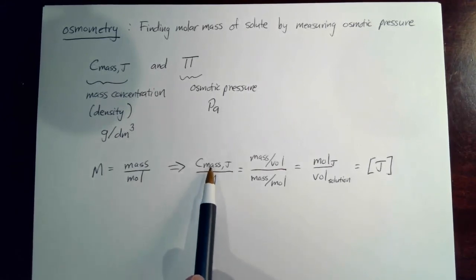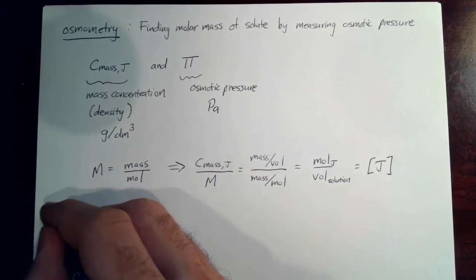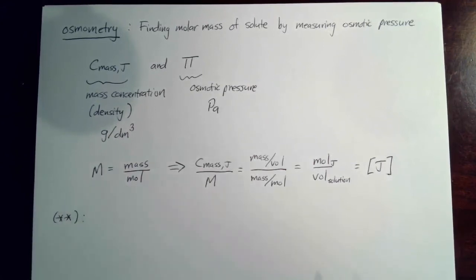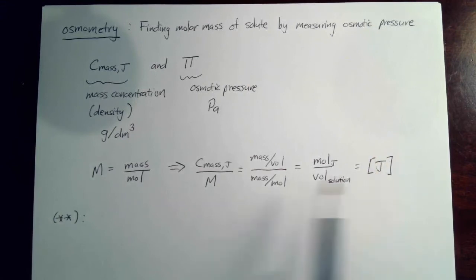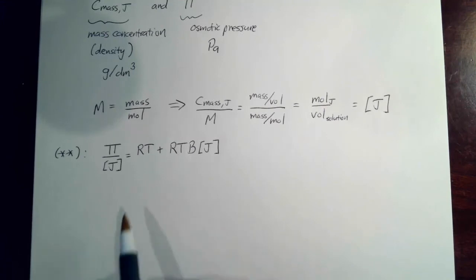So we're going back to equation star star, and I'm going to make this substitution, replacing the concentration of J with this fraction. I've rewritten star star here.